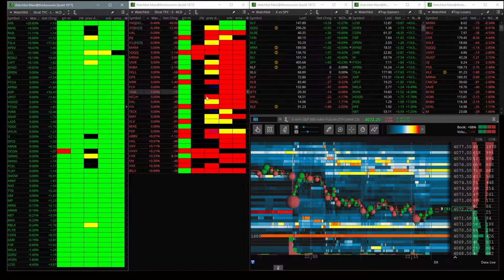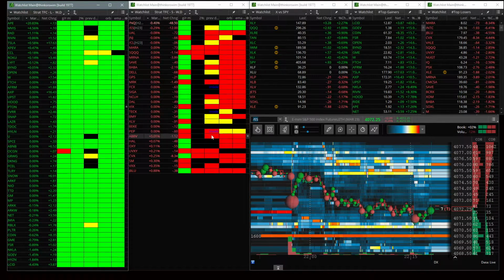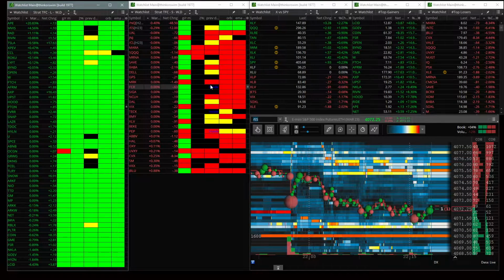Okay, and one thing about the previous day break, as you can see on the bear side, if it is an inside day, if the previous day was inside, then you will see inside marked in blue. Okay, it's a little hard to see when the box is black, but it is there.